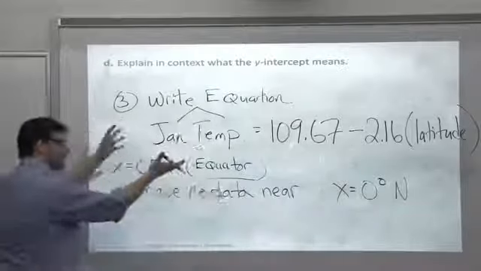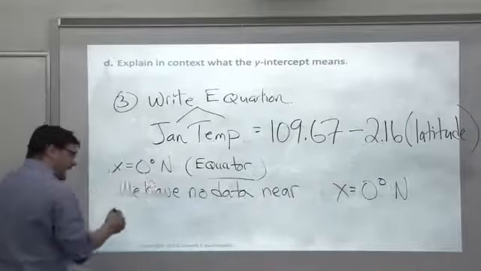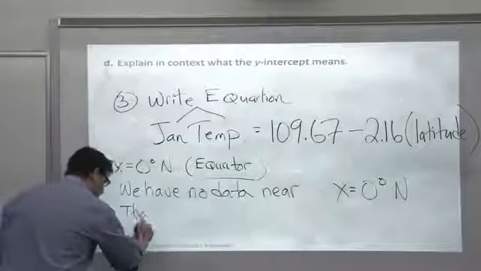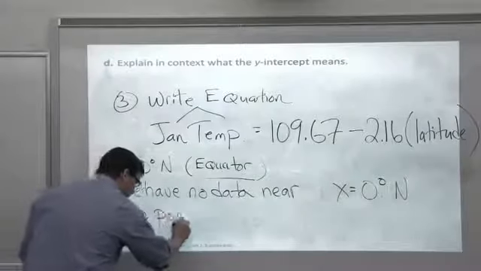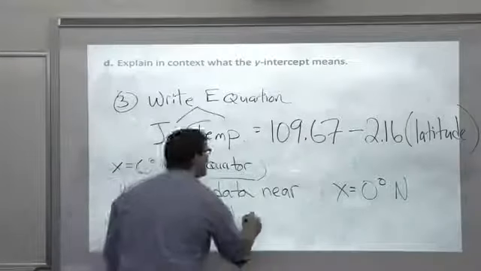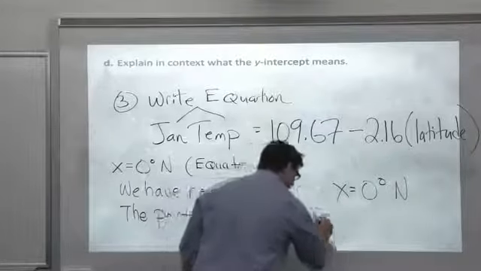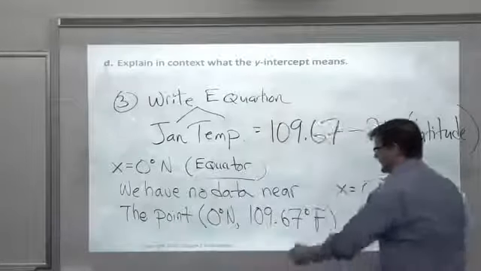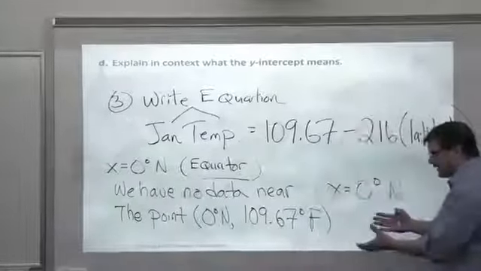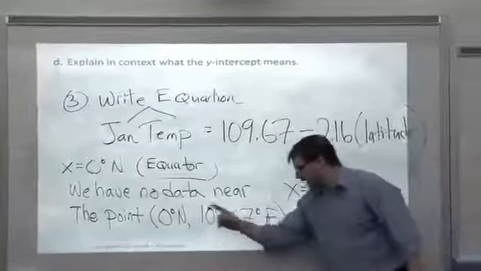So the y-intercept is extrapolation. The y-intercept is just a point on the line, the point 0 degrees north. 109.67 degrees Fahrenheit really has no meaning. I have no idea what the average temperature in January is at the equator.